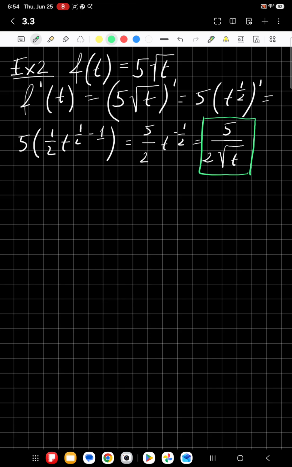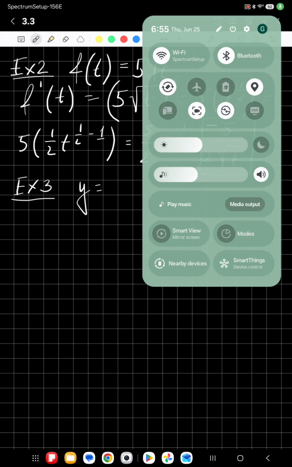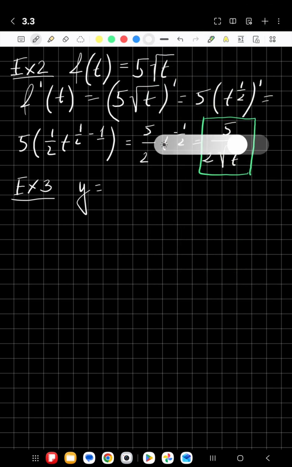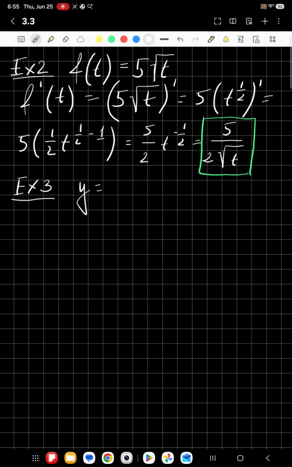And the last problem, let's do example 3. I mean, it's not the last problem. And that's going to be, okay, so y equals, somehow it got darker, I'm not sure why. Okay, so y equals 2 over 3x, and that's to the negative second power.